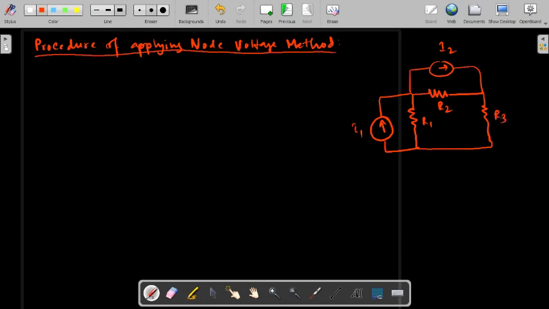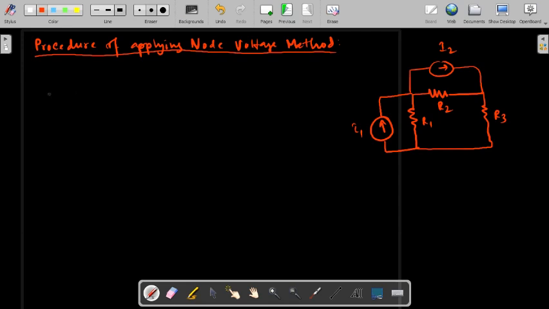Basically whenever a circuit is given to you, it will be given in this form. For this form of circuit you will be asked to find a specific current or voltage for a specific branch or something like that. So this is the kind of form you will get for analyzing the circuit, where I1, I2, R1, R2, R3, all these values are mentioned.